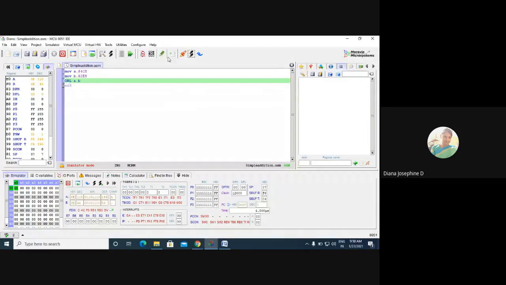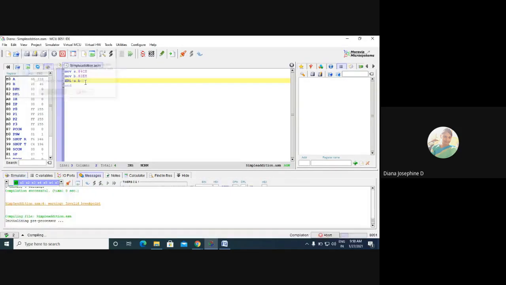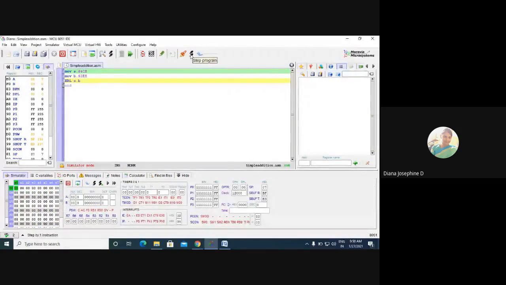And the next operation is XOR operation, and the mnemonic is XRL. After XORing the 2 inputs, 4C and 2E, you will be getting the result as 62.